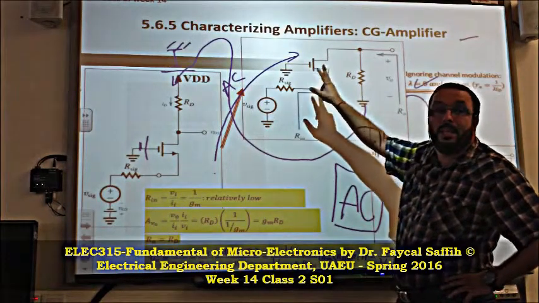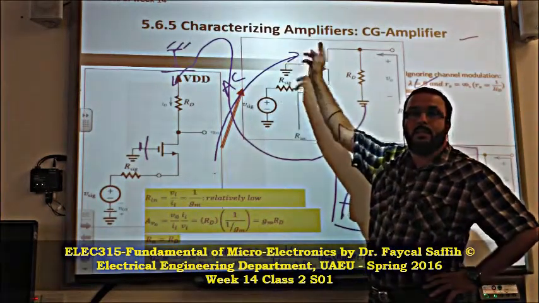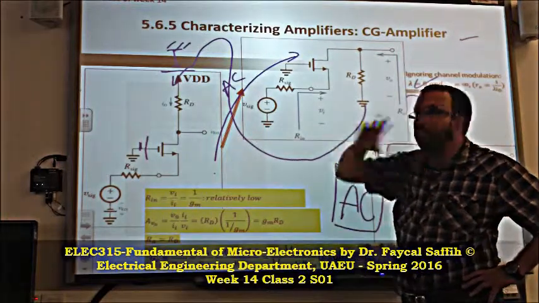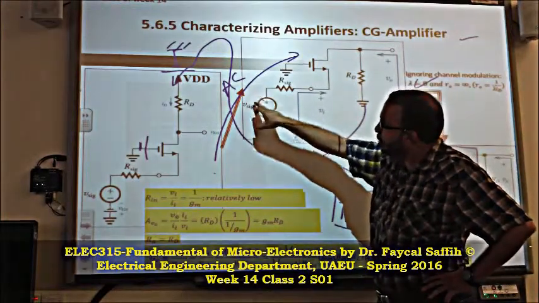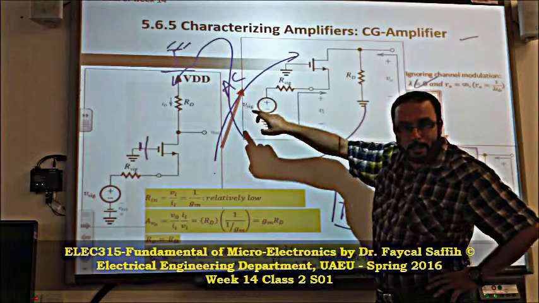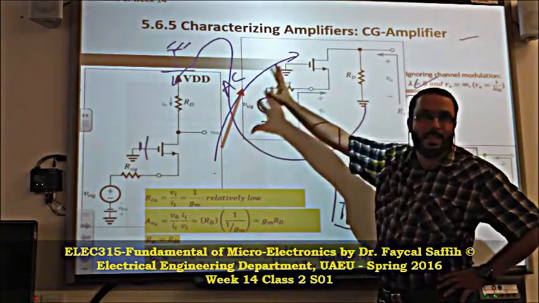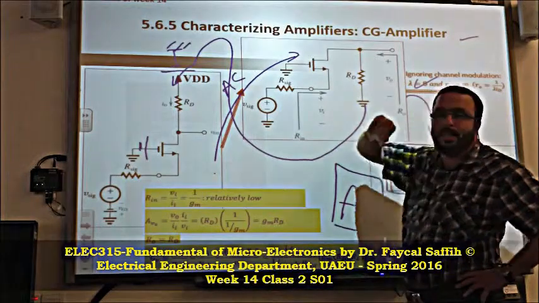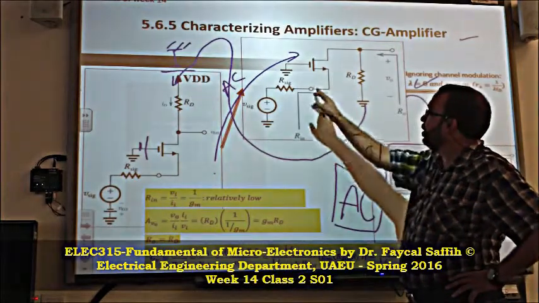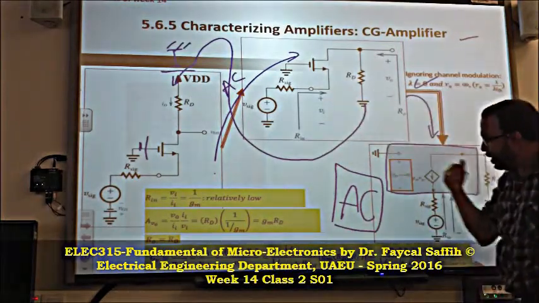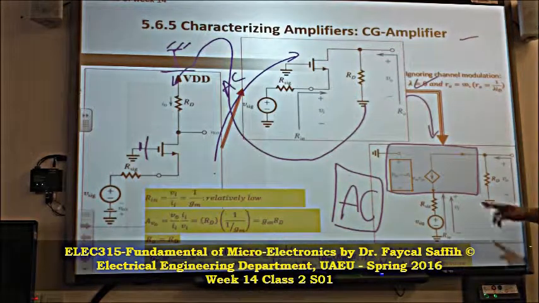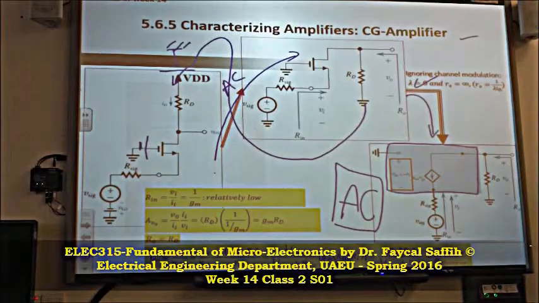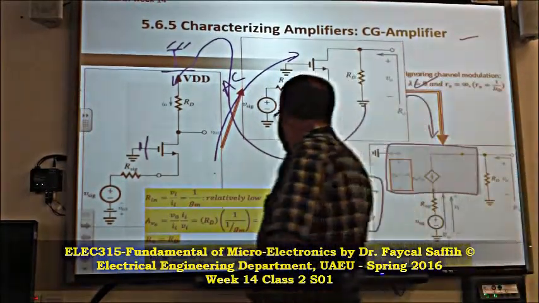It has to be either the source, the gate, or the drain. The input voltage cannot be here, because the input signal has a resistance that we need to consider. So this voltage divided by the current that comes in. Very good.